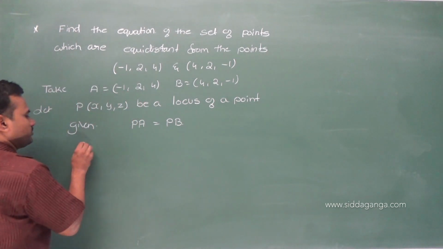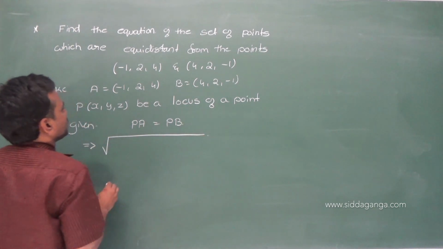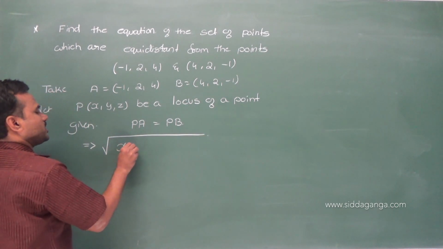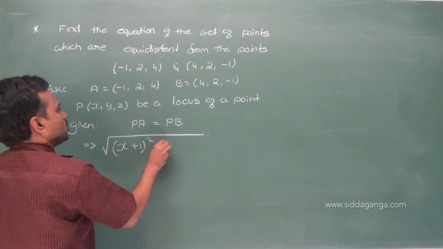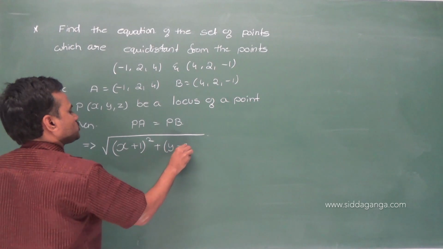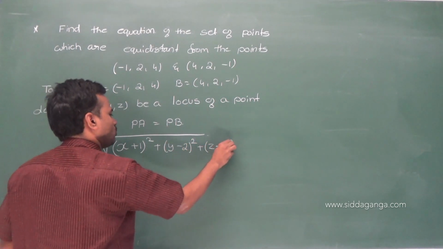By using the distance formula, P to A is the square root of x minus of minus, that is plus 1, whole square plus y minus 2 whole square plus z minus 4 whole square.